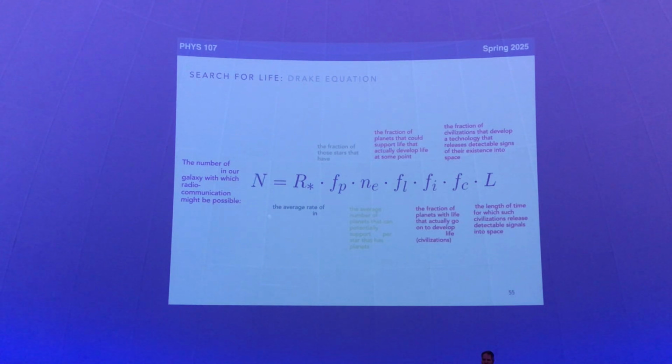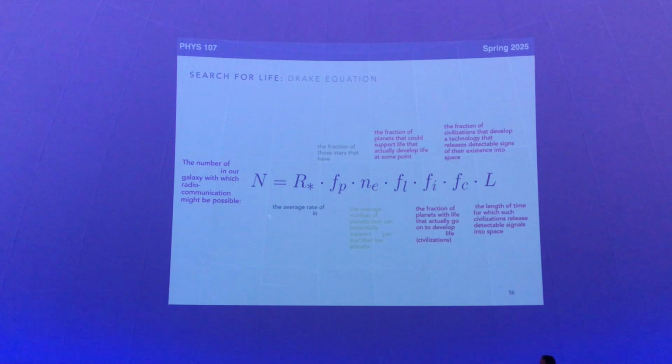So there's not a ton of time before you have the ability to completely wipe out your civilization. On the other hand, it was 100 years between inventing radio and inventing cable, and cable you don't project. So maybe we don't see them because they've moved on technologically, right? It's not actually a long technological phase.